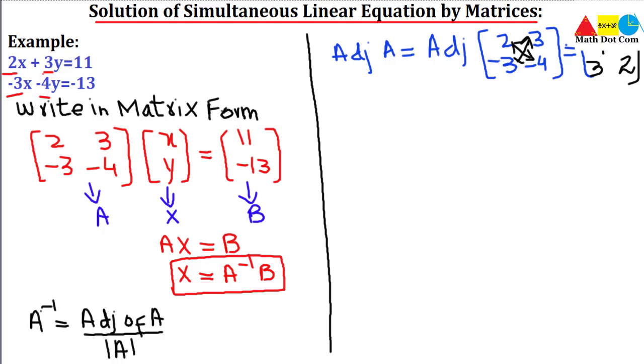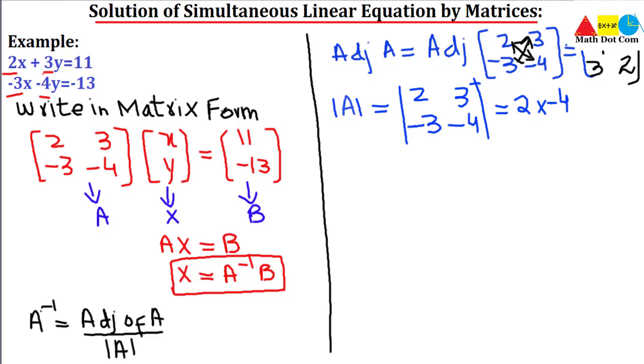Then we have to find the determinant of the given matrix. A is 2, minus 3, 3 and minus 4. We have to find the determinant of A. So we multiply the elements in the diagonal, that is 2 multiplied by minus 4, then there will be a negative sign in between, and then multiply the other diagonal, that is 3 multiplied by minus 3.